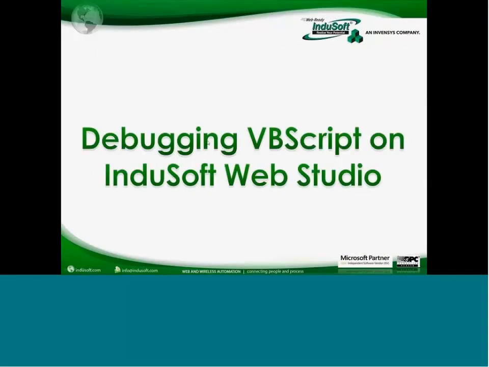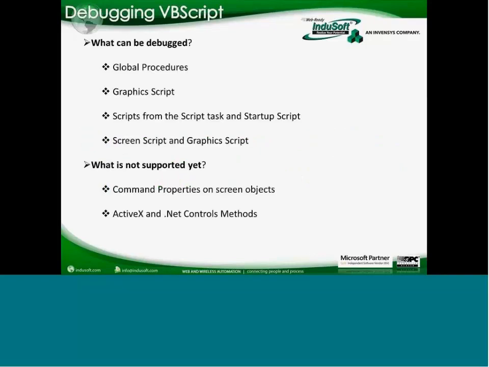Now let's take a look at the specific new features that we brought into play for debugging VBScript on InduSoft Web Studio. So first, what can be debugged? Of course, it has to be one of the Visual Basic interfaces. So we can debug global procedures. We can debug GraphScript.